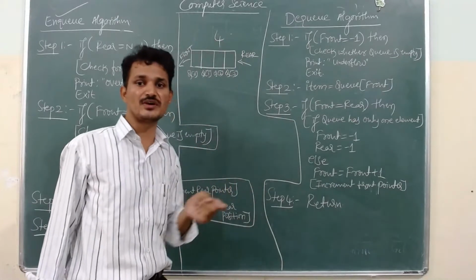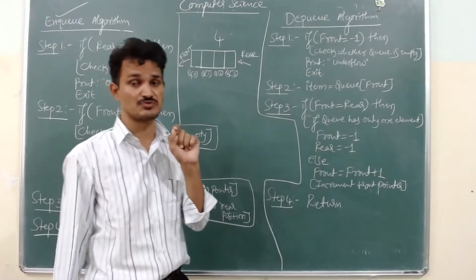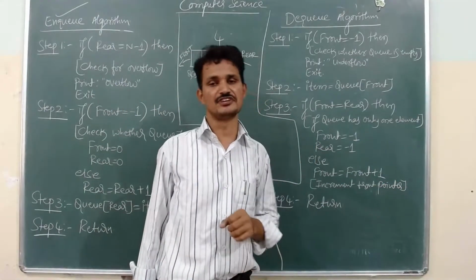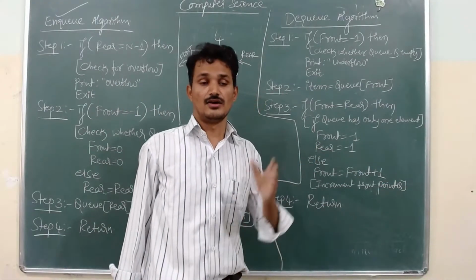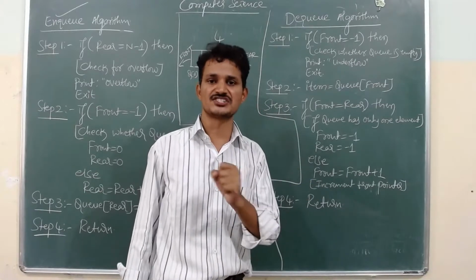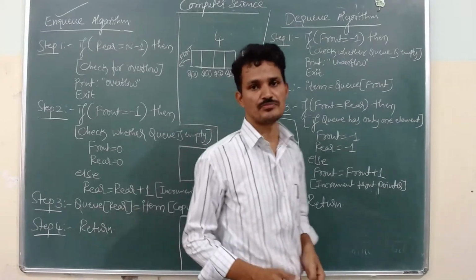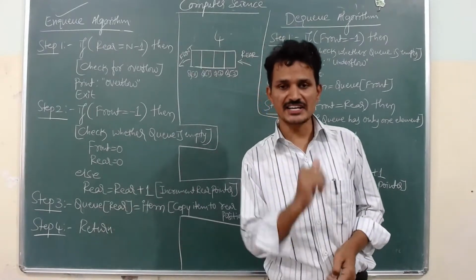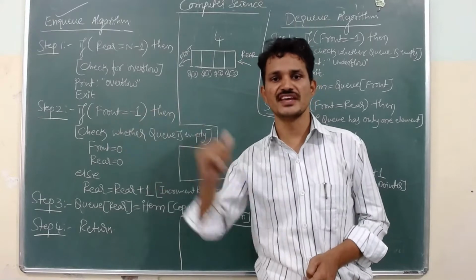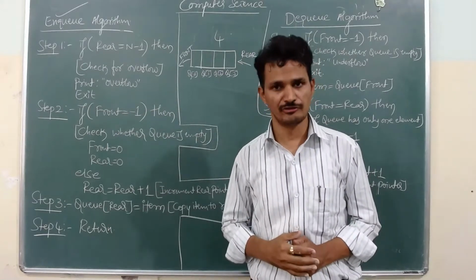Front is minus 1, rear is also minus 1. You need to remember these two conditions which I said earlier in the beginning of the class. Front equal to minus 1 and rear equal to minus 1 indicates that the queue is empty. On the other hand, front equal to 0 and rear equal to n minus 1 indicates that the queue is full.